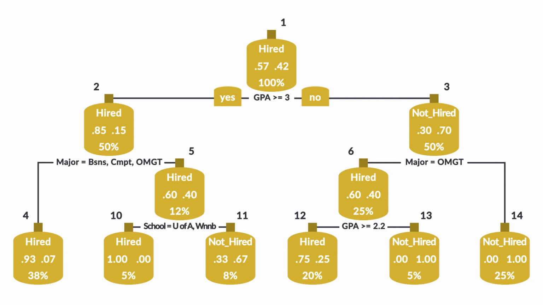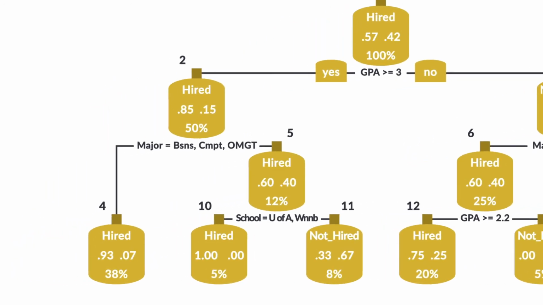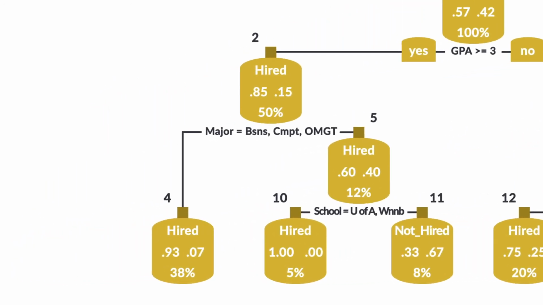Now let's look at what each node in this tree is telling us. You can see at the top here, we have a designation, which is hired. That tells us most of the people in this node are hired. Next, we have a percentage split. This tells us that everyone in this node, 93% of them are hired, but 7% aren't.